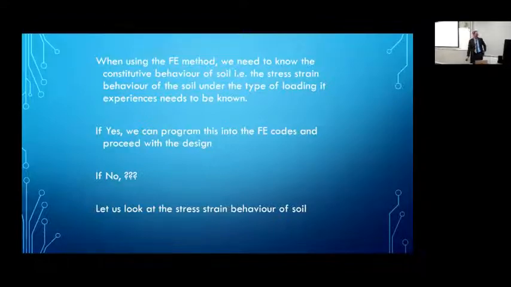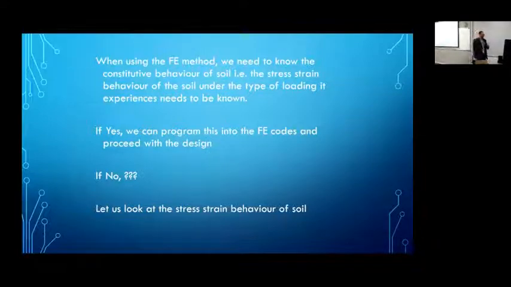We can do it easily. But when you're dealing with complicated materials like soils, the constitutive model can be rather intricate and difficult. And you also need to know how this constitutive model performs under different loading conditions. For example, what will it do when you're applying cyclic loading and so on.